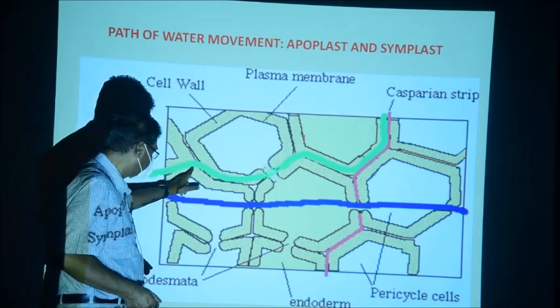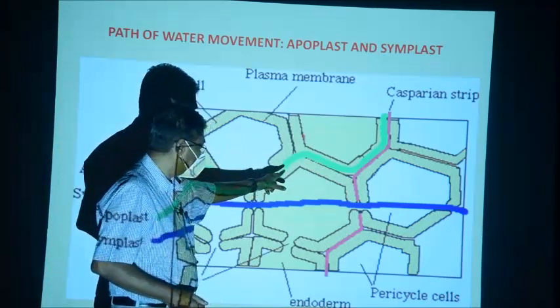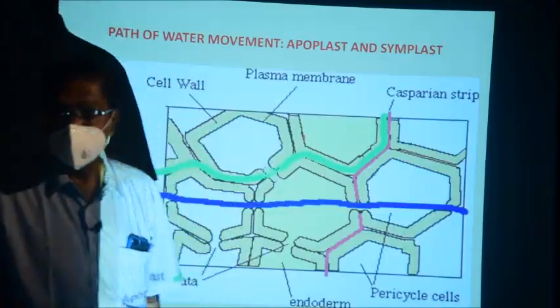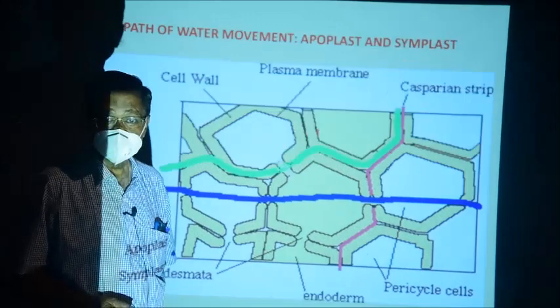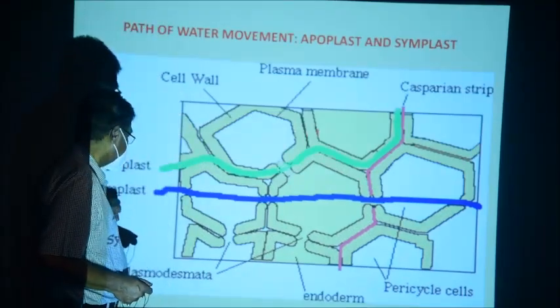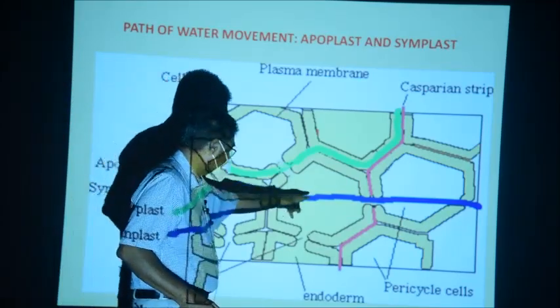So water moves through the pores and also through the cell wall up to the pericycle. This is called apoplast, and symplast is through the protoplasm.